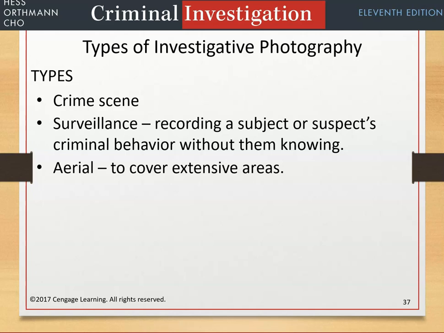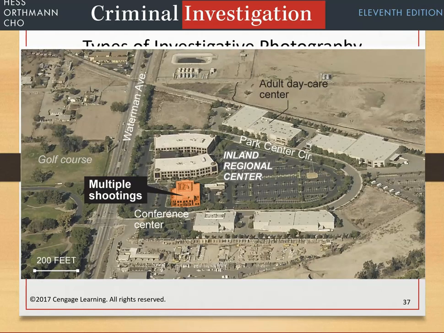We also have aerial photography. And it would look like something like this. And investigators often use aerial photography to cover extensive areas. So for example, it can be used following a bank robbery to show roads leading to and from the bank.